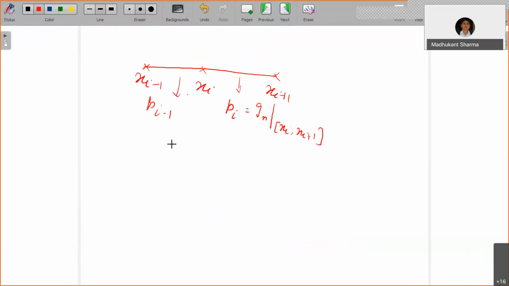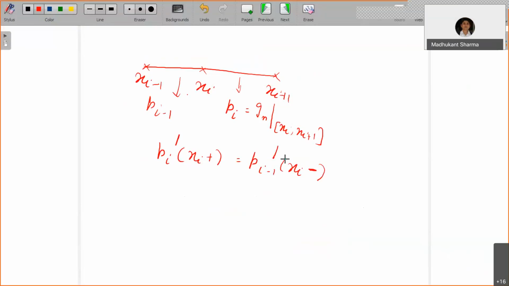You can verify that p_i dash at x_i plus equals p_(i-1) dash at x_i minus. Once you verify this derivative condition, you are through; this preserves the differentiability as well. I leave it as an exercise for you that you should verify.